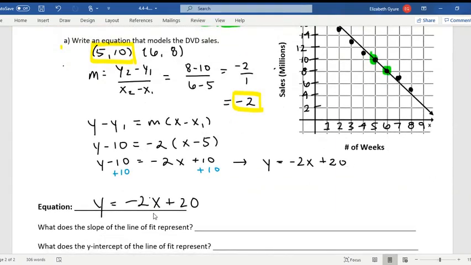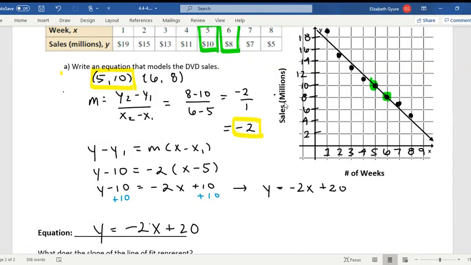All right, so what does the slope of the line of fit represent? So remember, if you were dealing with this, if you are selling DVDs or you're selling this game, what does that -2 mean for you? First of all, it's negative, right? So something's going down. What's going down? We talked about what this graph means. The sales are going down. How much are they going down each week? -2, but to what?